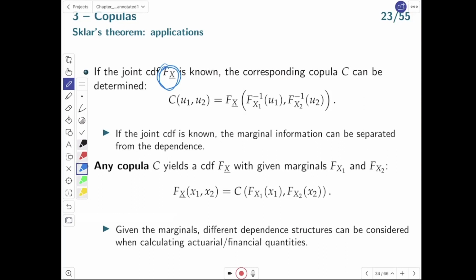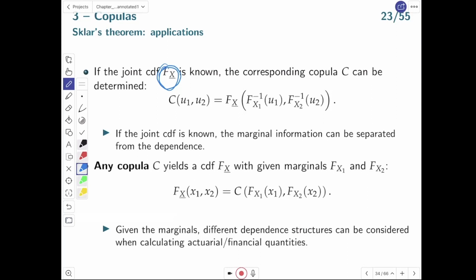Then if you also had an estimate of another joint CDF, or you want to compare this joint CDF with another situation, then of course, if you see that two joint CDFs are different, you can observe the difference, but you don't know what the source of this difference is. Is it because the marginals are modeled in a different way?